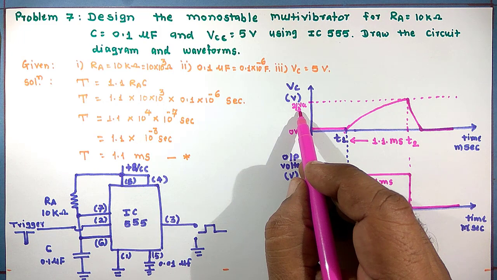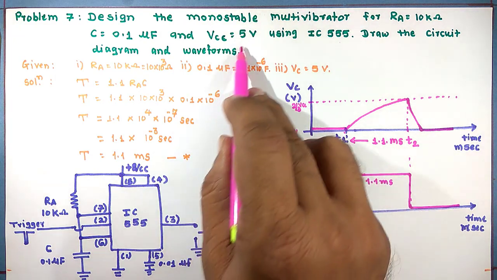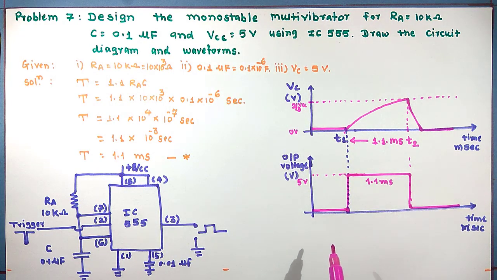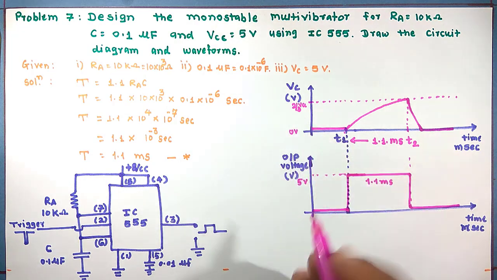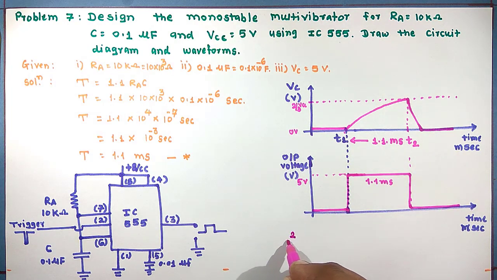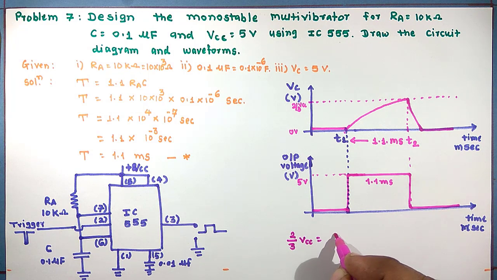Now here VCC is given to us and it is of 5 volt. So this value can be calculated. 2 by 3 VCC is equal to 2 by 3 into 5.